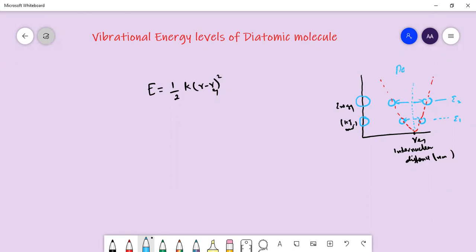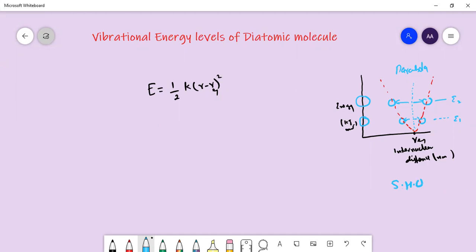This curve is a parabola, a parabolic curve. And this model of a vibrating diatomic molecule, also known as the simple harmonic oscillator, is an excellent starting point for the discussion of a vibrational spectrum of a diatomic molecule.